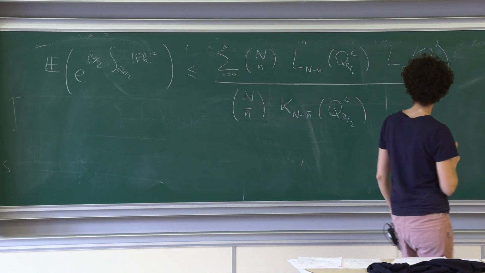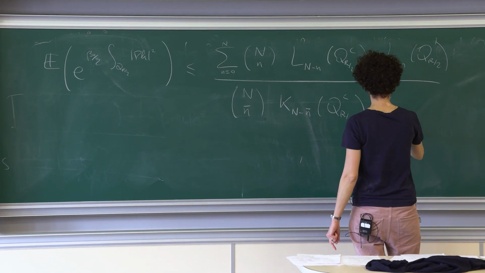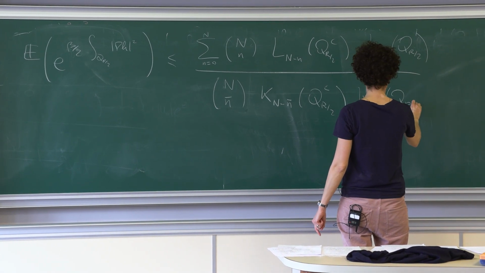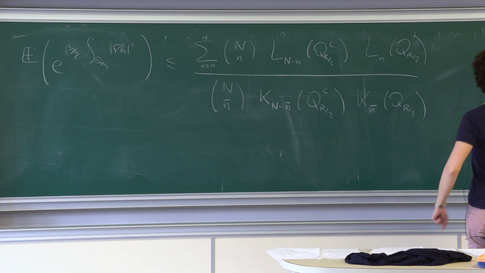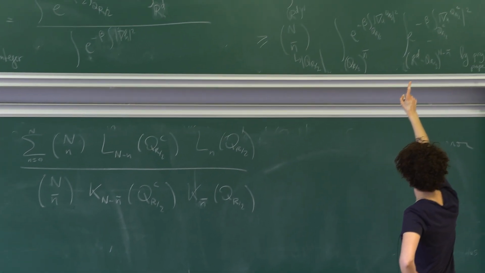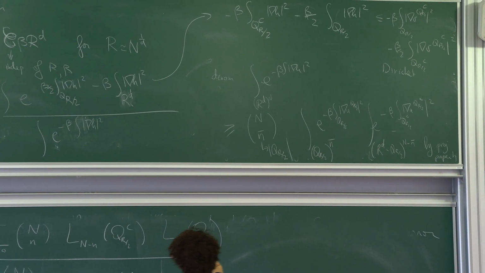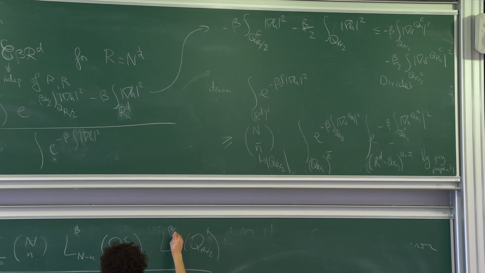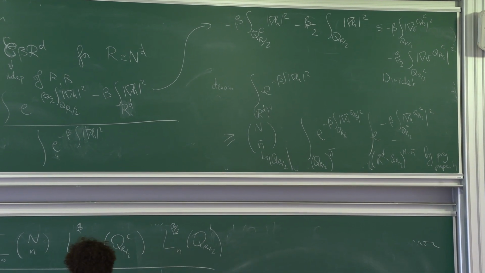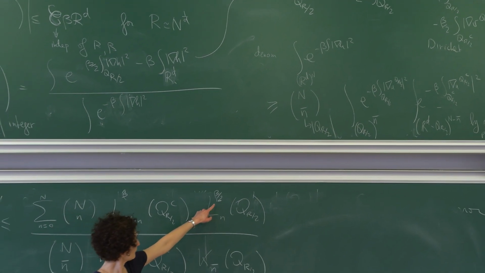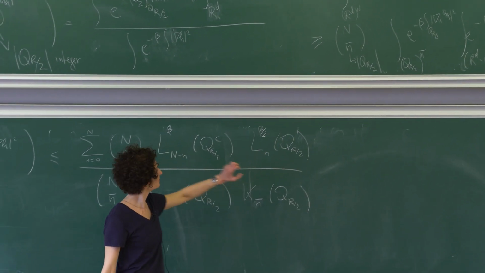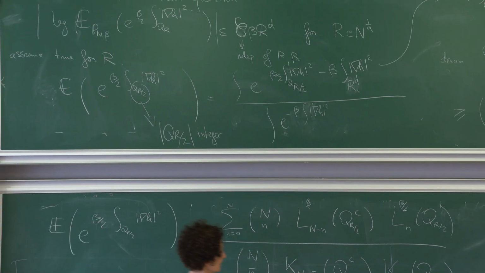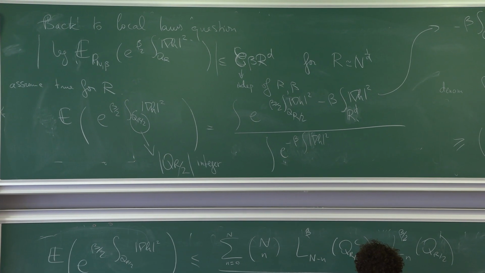So there is something I forgot, which is that up there I have one with beta over 2. So this one is with beta, and this one is with beta over 2. This is the place where I lose a half beta, because I want to find the local loss with beta over 2. Otherwise, everything else is beta.